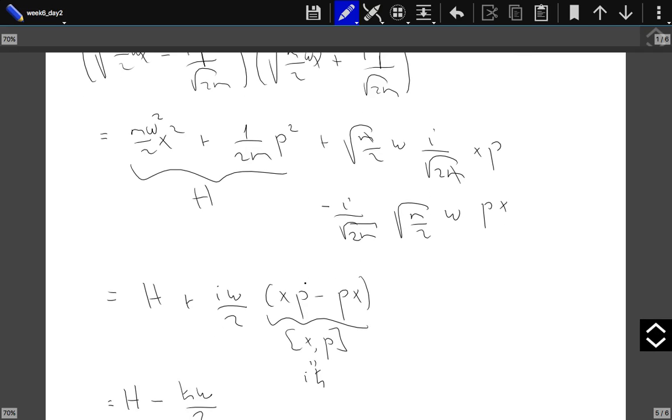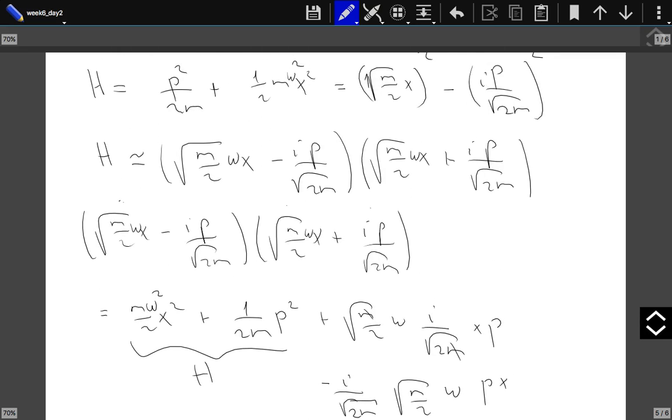If x and p were commuting, xp minus px would have been just 0. They are not, because they are not just ordinary numbers. They are operators that do not commute. That's why factorization doesn't really work the way that it works with ordinary numbers, and that's why I didn't put the equality sign over here.